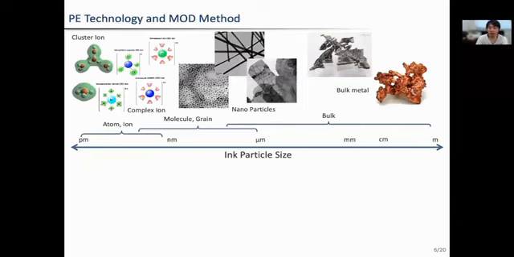Recently, we are focusing on the metal organic decomposition method to make nanostructure materials, and on printing methods for cost-effective device fabrication. The figures show my strategy for the development of nanomaterial design by PE technology. When you need bulk properties, for example large electric conductivity and thermal conductivity, the starting material for the final electric devices will include nanoparticles, so we may choose nano ink as the starting material.